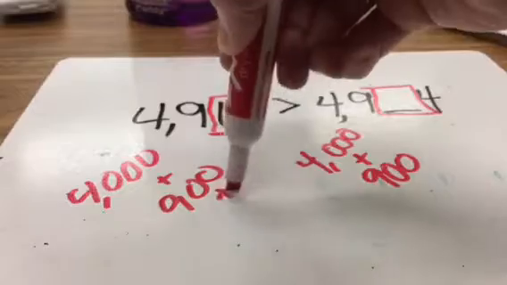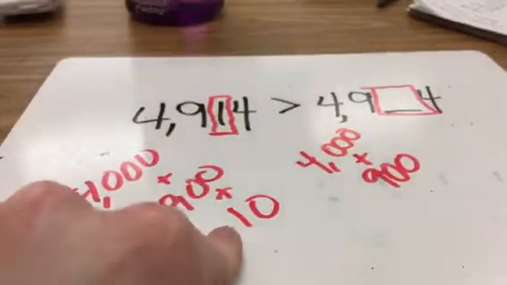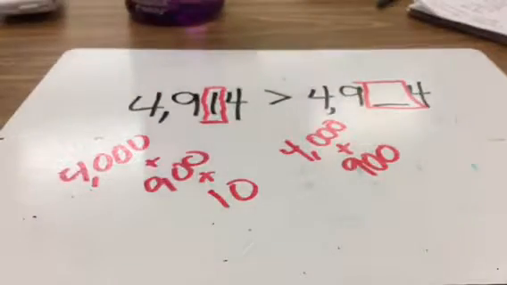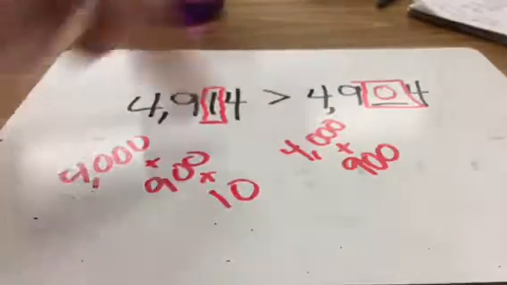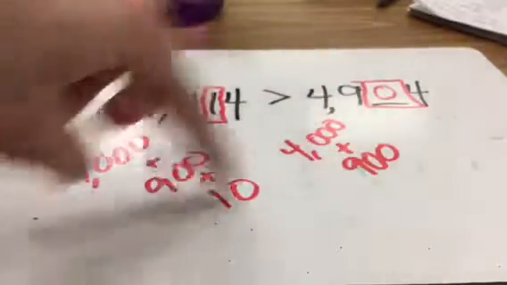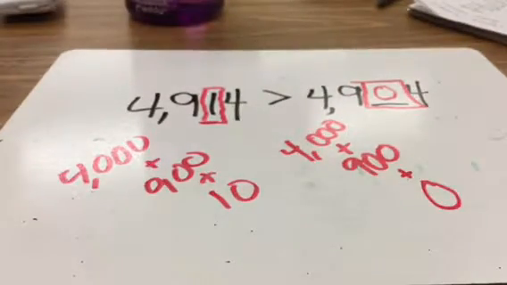So I know that this 10, this 1 is the 10, has to be bigger than whatever's over here. So the only thing that 10 is bigger than is 0. So 0 is the number that should go on the line. 10 is greater than 0, so we are good to go.